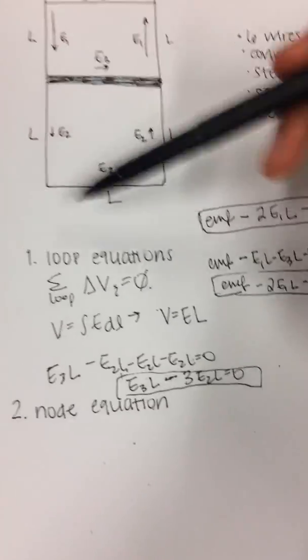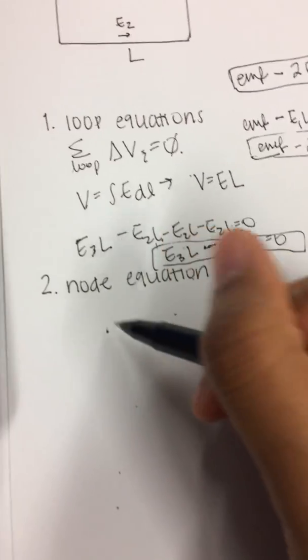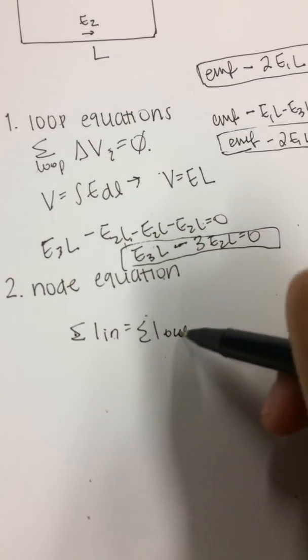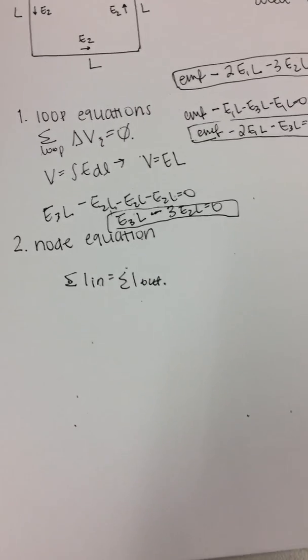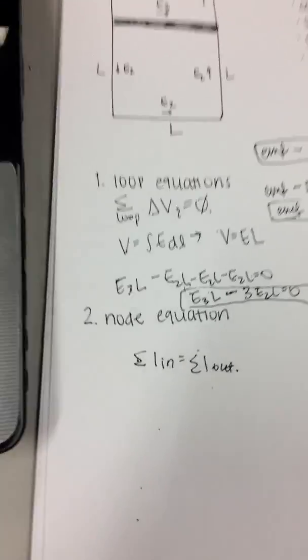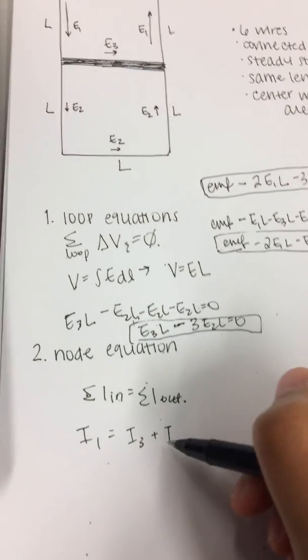And the charges on the capacitors are also constant. So Kirchhoff's node rule is the current in equals the current out. In terms of this problem, at the left node, I1 equals I3 plus I2.